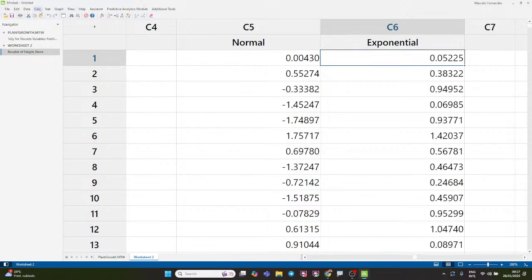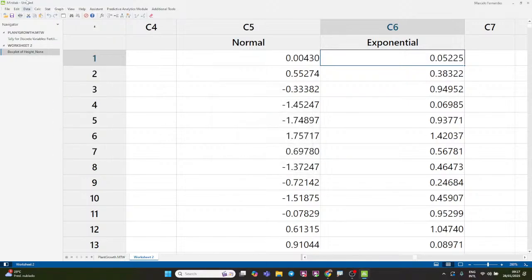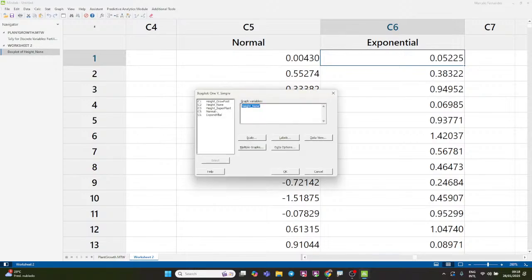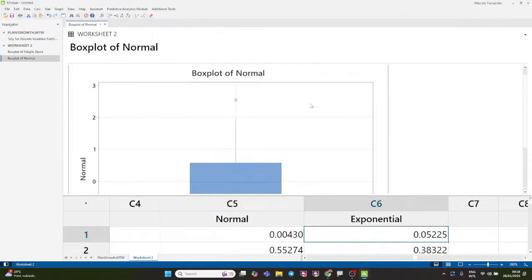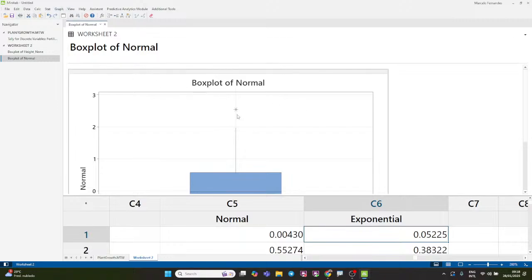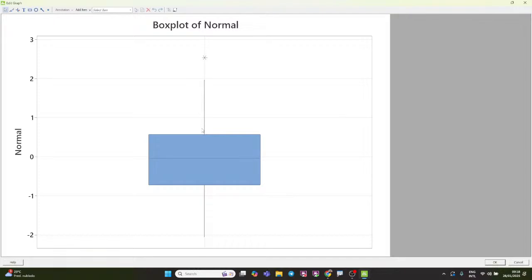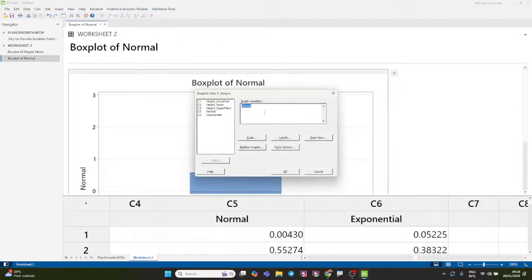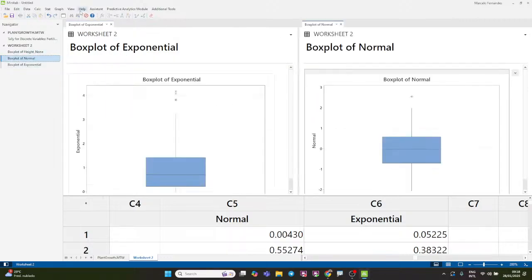If I run a box plot with normal, even knowing that I have this outlier, we can argue that it is pretty symmetric, especially if we compare with exponential. Let's put side by side here.